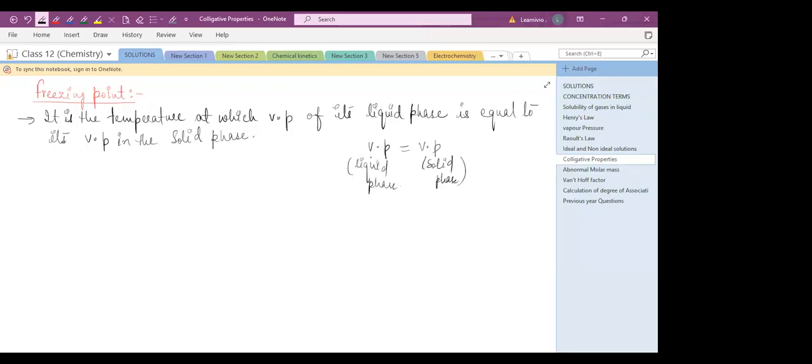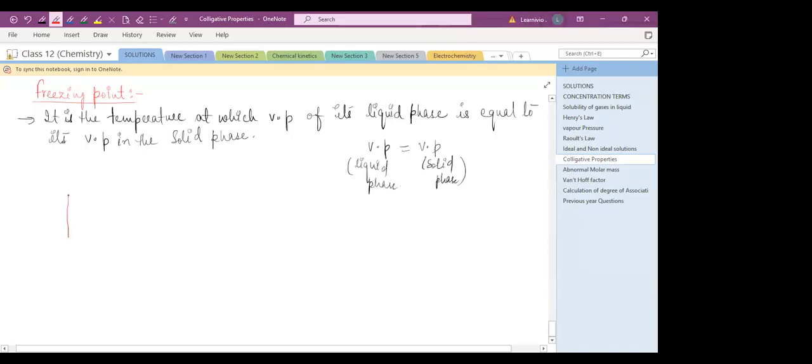Depression in freezing point means that when you add solute particles into the solvent, it depends on them.